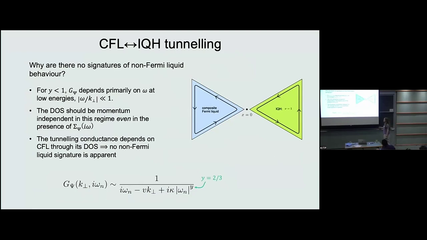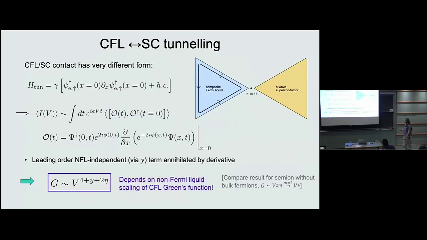And the density of states doesn't really care about this Fermi liquid signature. Maybe we can understand this as at low energies, not even the momentum k matters relative to omega. I guess the heuristic way of understanding it is that this just depends on the density of states.